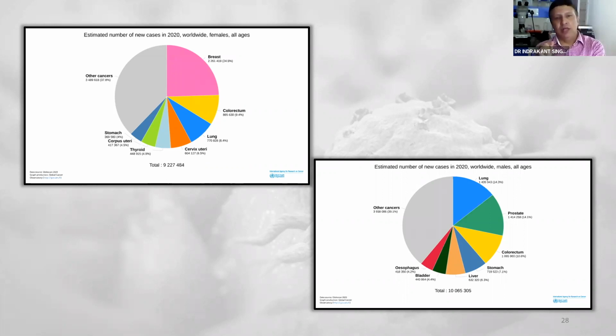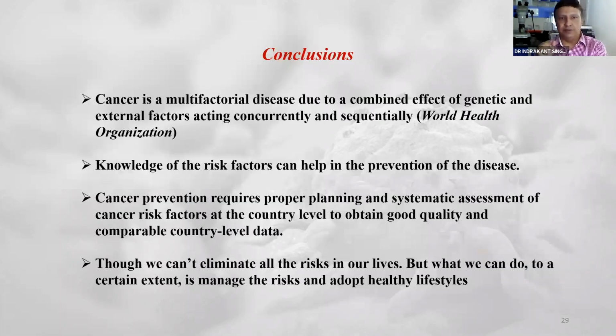Okay, so after this part of my talk, let's conclude what I have told. In the previous slides we went through the various causes of cancer, but how can this knowledge help us in the long run? Let's look at the important points that we can draw from this. Cancer is a multifactorial disease due to a combined effect of genetic and external factors acting concurrently and sequentially.